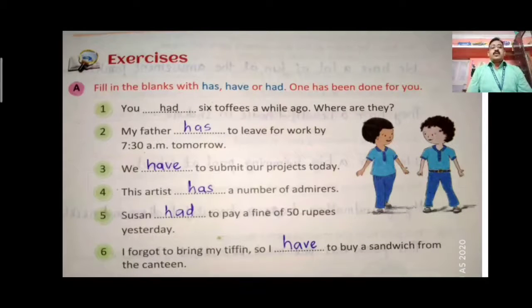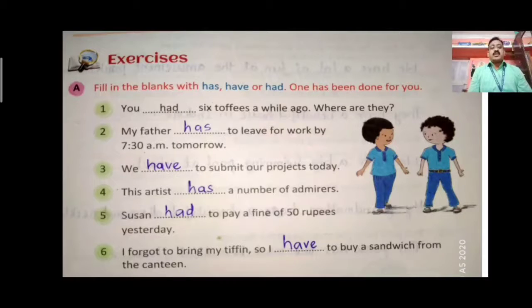Now we will do the exercise part. You can see, only 1 and 2 I will discuss here. I will tell you how to use it. Fill in the blanks with has, have or had. One has been done for you, but I have written all for you, children. But just see, you had 6 topics a while ago.